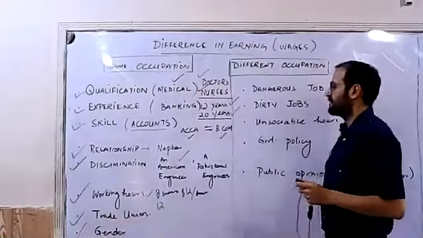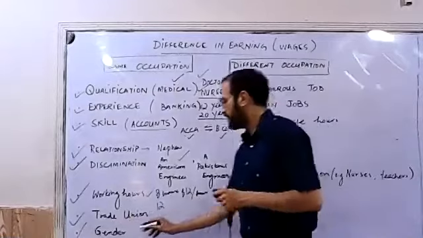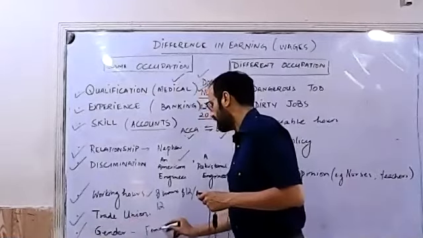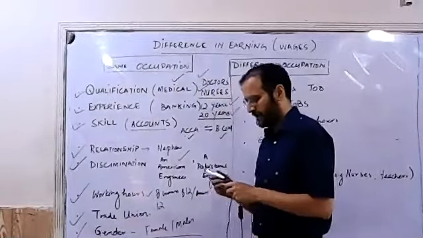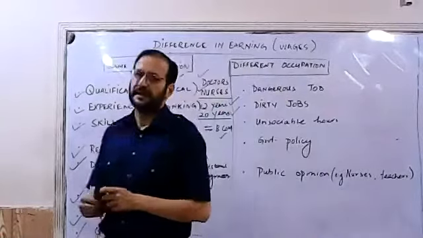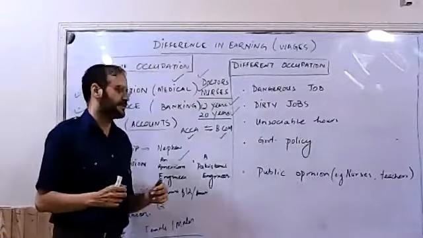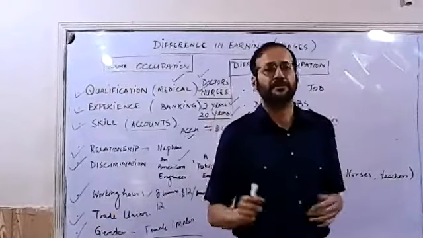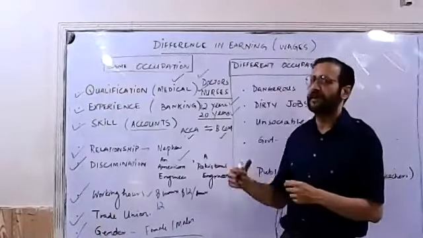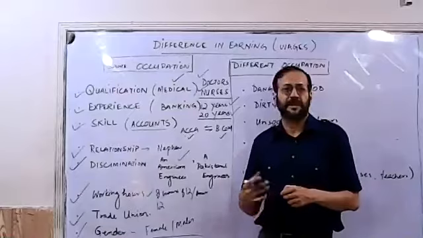Okay, last but not least in the list is gender. Now we have females and males. There can be plenty of reasons why females are low paid. It's maybe just because some societies don't prefer that the females should work along with the males. Some societies are very conservative.